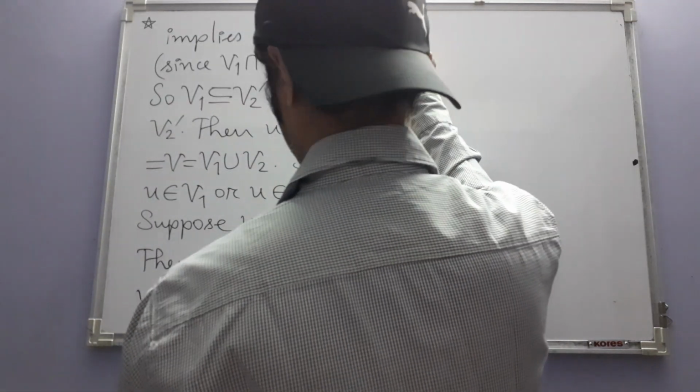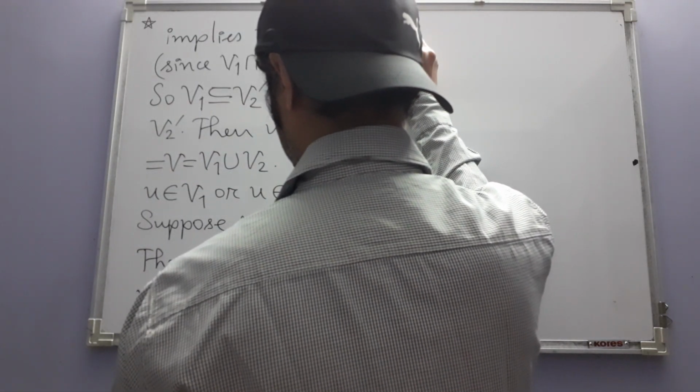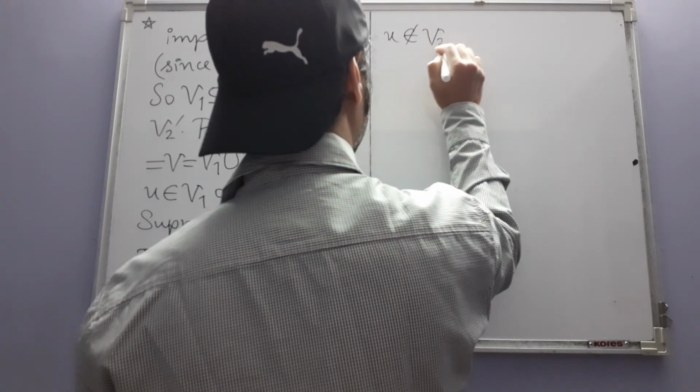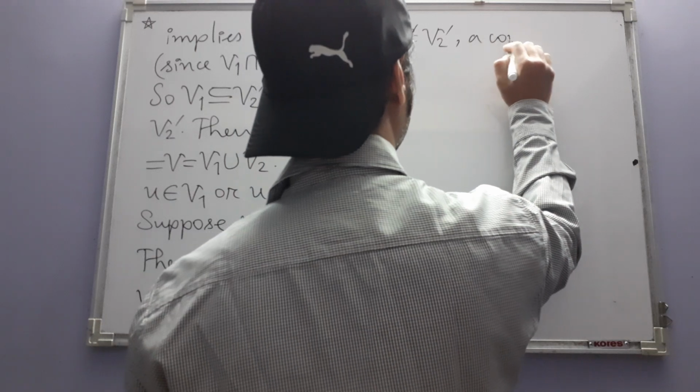This implies u does not belong to V2 prime, a contradiction.